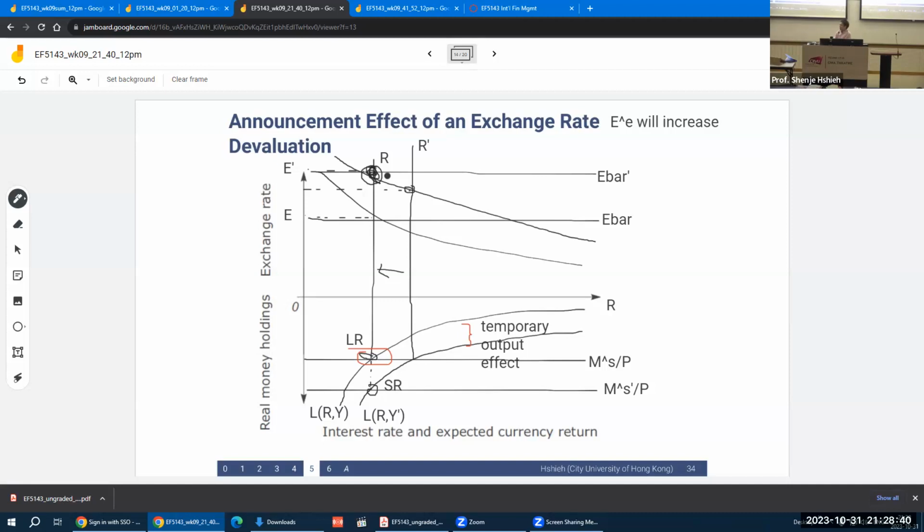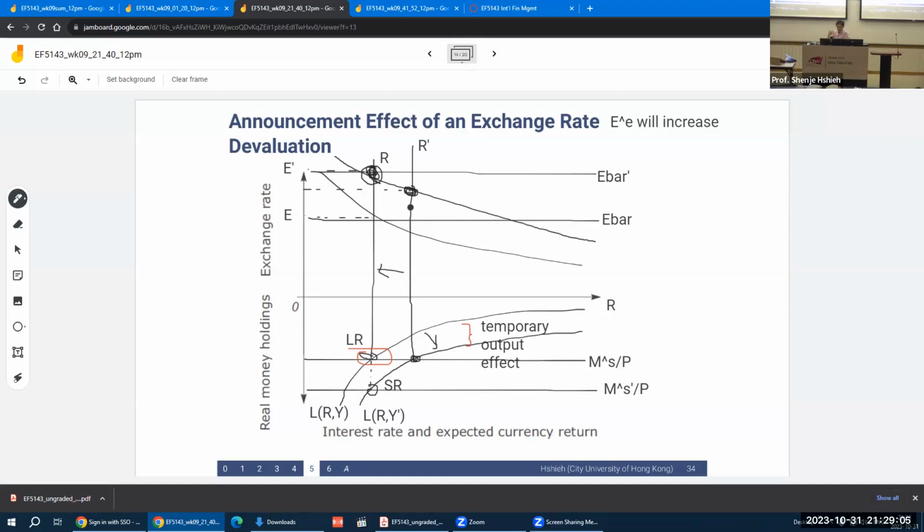For subsequent analysis, you can also assume maybe this announcement has an output effect. So that's what I drew here. Suppose there is an output effect. That's going to shift the liquidity preference curve upward. And therefore, if you don't do anything, you're going to have an interest rate of here. And you're not going to be hitting the bar, right?